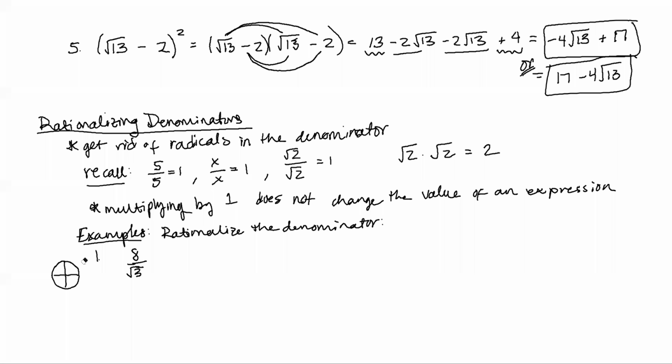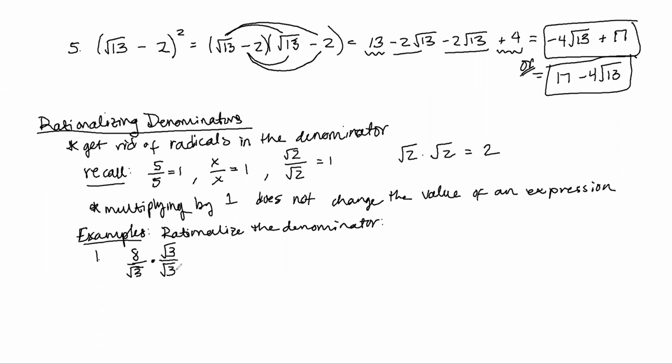So what we're going to do is multiply this by a fancy form of 1. And to get rid of the radical, we're going to multiply it by the square root of 3 over the square root of 3. So we're multiplying it by 1. It's not changing the value of it.